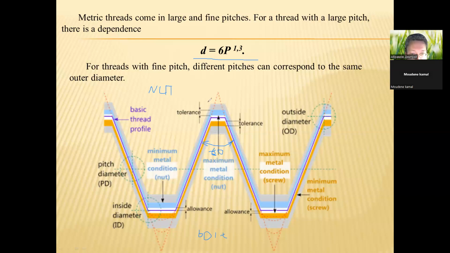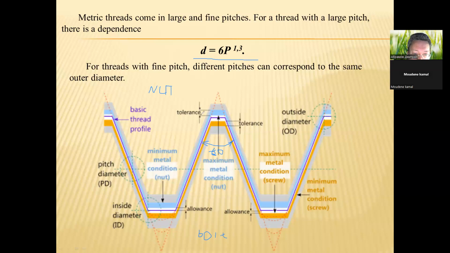So this blue field is the tolerance field for the nut. And this yellow field is the field for the bolt. It's the tolerance field of the bolt.